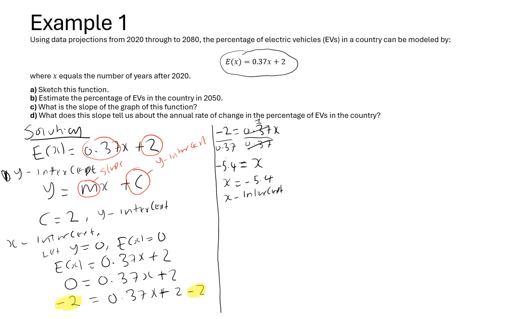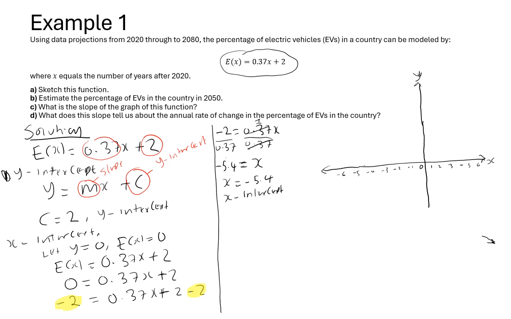So now we can easily plot our graph. This is 0. This is the y-axis, this is our x-axis. This is maybe 1, 2, 3, 4, 5, 6, minus 1, minus 2, minus 3, minus 4, maybe minus 5, minus 6.